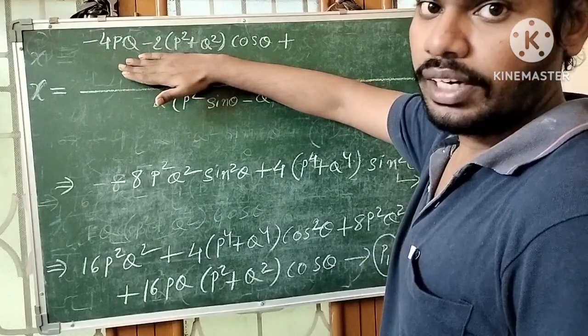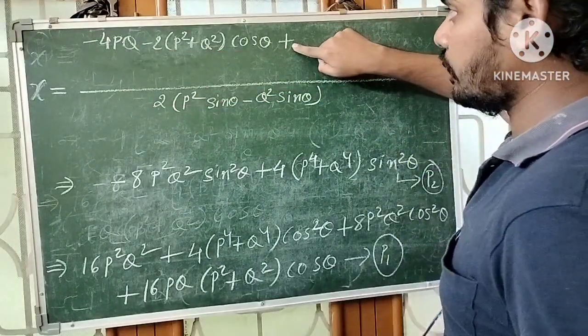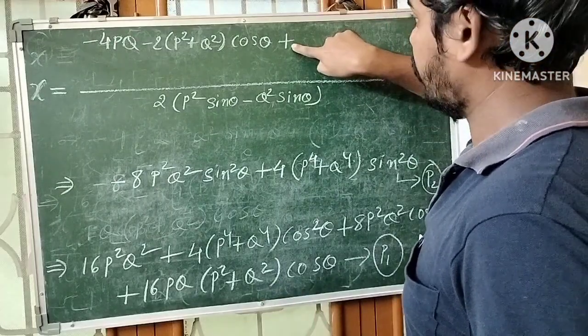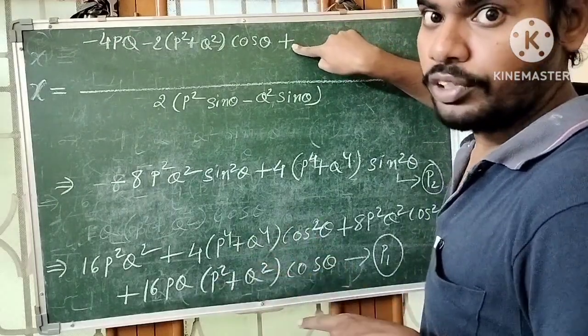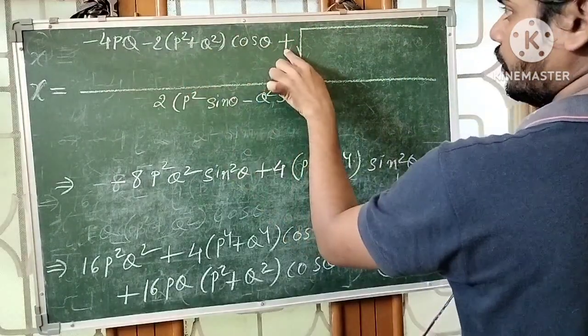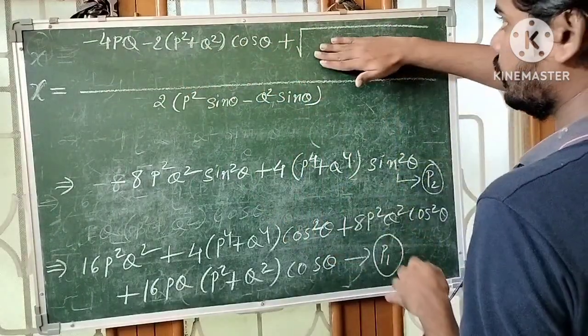So minus b as it is. Actually plus or minus sign will come, but half angles are positive, so we consider only the positive sign. Root over: minus b plus root over b square minus 4ac.